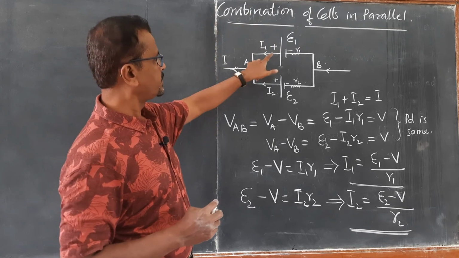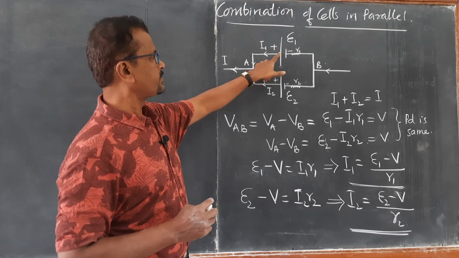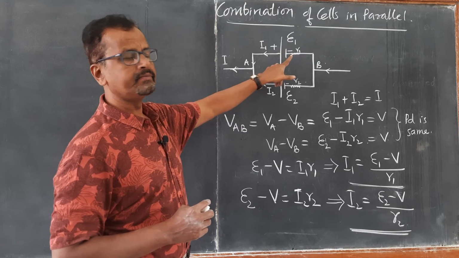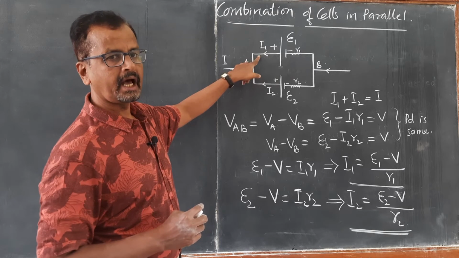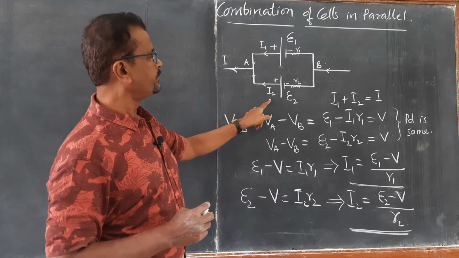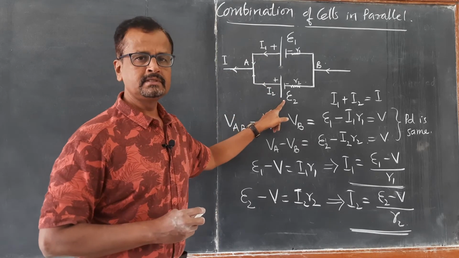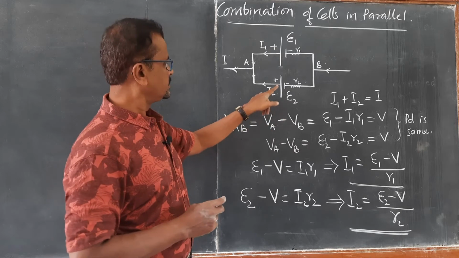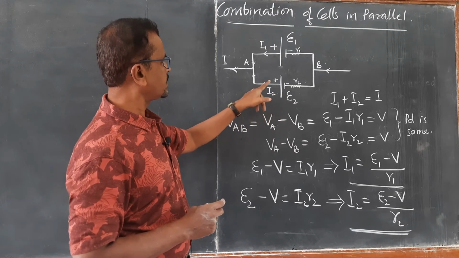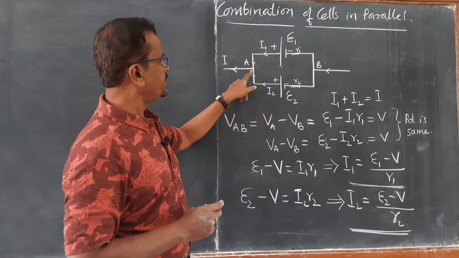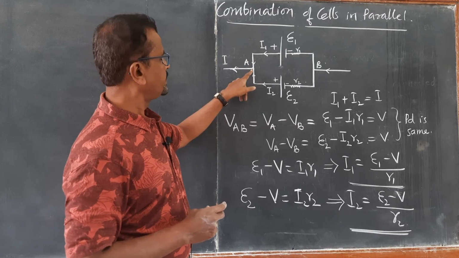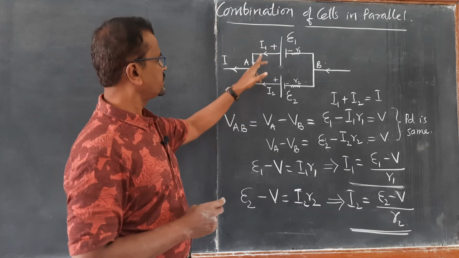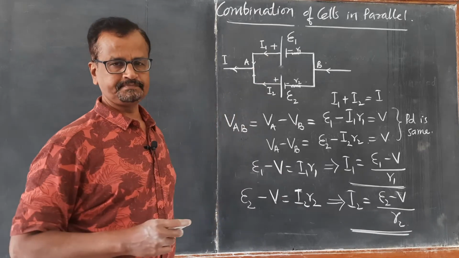Right? Then the current from the cell of EMF E1 is released from the positive terminal. Let us say I1 is the current, and I2 is the current released from the cell of EMF E2. You can see both the cell currents are now joining at point A. After meeting at point A, the total current becomes I1 plus I2.